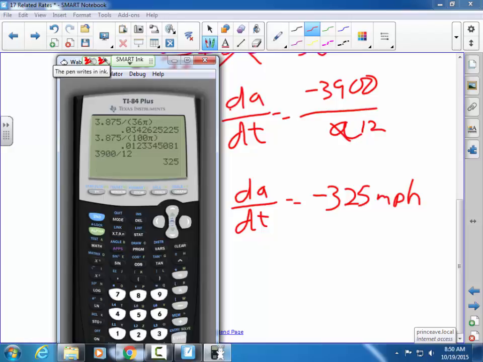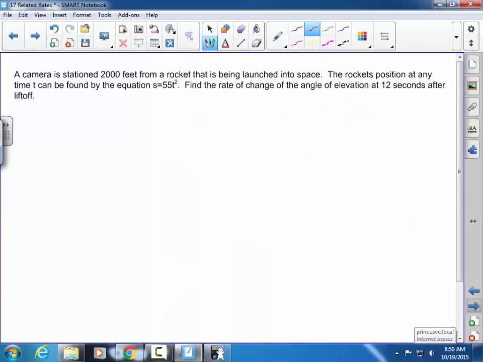This negative sign here, you've got to interpret it. That means it's getting closer to me. It's decreasing the distance between myself and the plane. Since the distance is decreasing, that means it's a negative 325. It's getting closer to me. All right, very good. I like that problem. I really do.